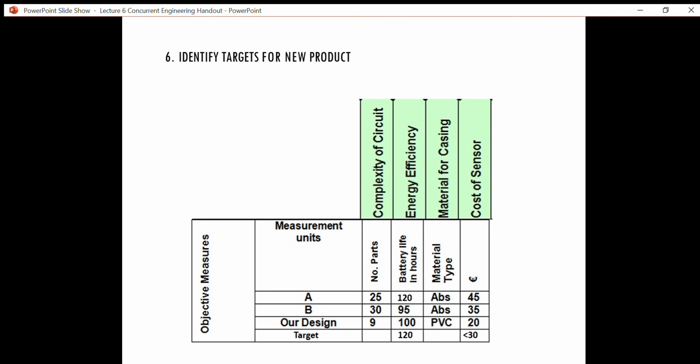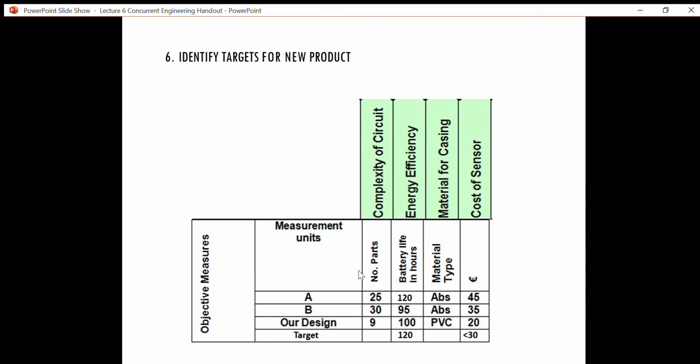So we finally identify targets for our new product. We have engineering characteristics here: complexity of circuit, energy efficiency, material casing, and cost of sensor. So we have an objective measure. We also made a comparison. In some houses of quality, we can put the competitors alongside our new product target to see how the competitors compare with our new design target.